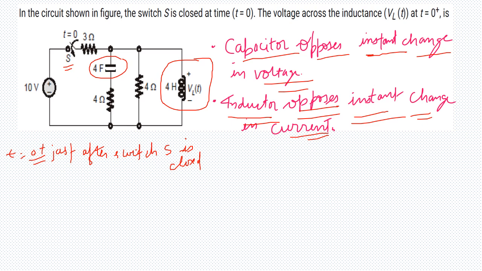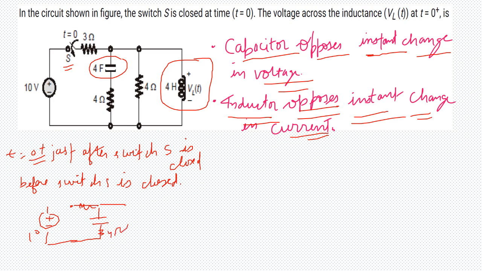So before switch S is closed, you can see that the circuit looks like this. There is isolation from the voltage source, and you can see this is 4 ohms, this is 3 ohms, and again this is 4 ohms, and this is the inductor.